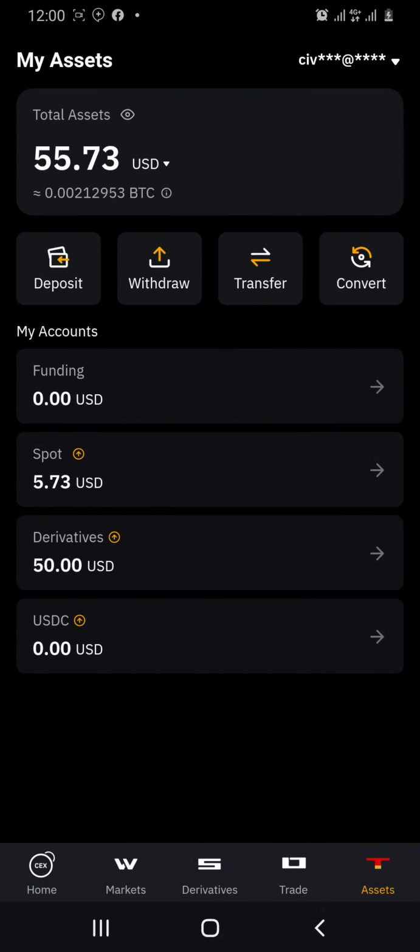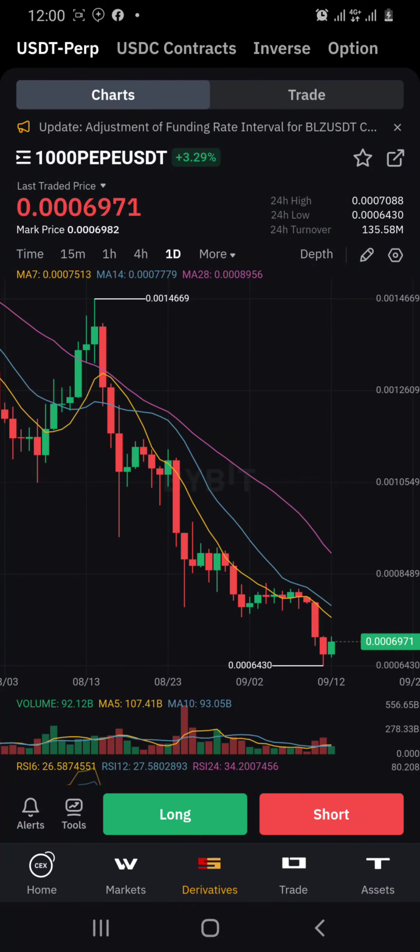Now we'll go back to our derivative, which is the futures. Our $50 is already in our derivative. You can see it now. You click on derivatives. You can see that the coin I'm monitoring is Pepe.